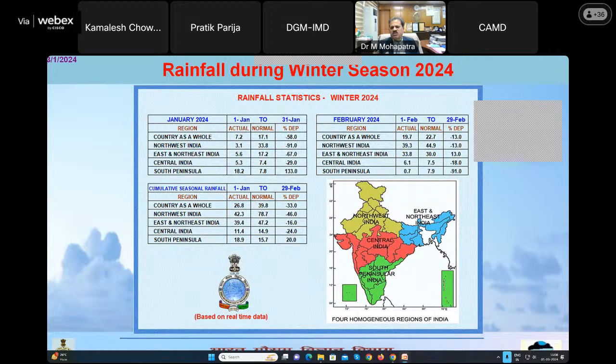The areas which got deficient rainfall in January, like Northwest India, East and Northeast India, got good rainfall activity in February. Peninsular India, which got excessively higher rainfall in January, got excessively deficient rainfall in February.